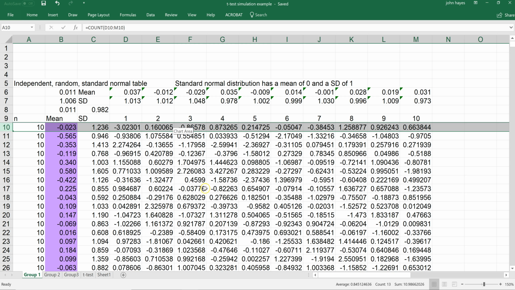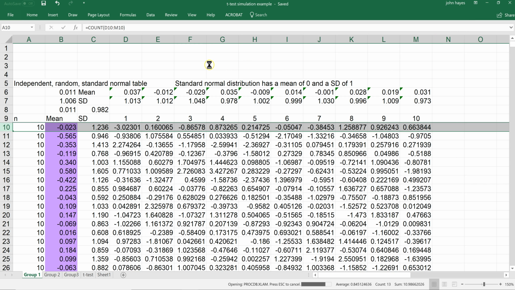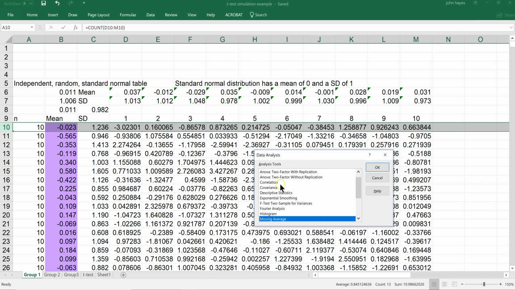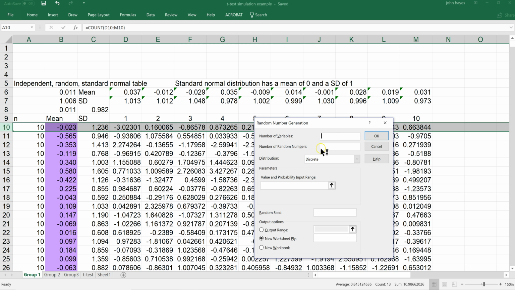For these numbers, I used Excel's random function for normally distributed data. So if we go into data analysis, we can find a random number generator, and you can put down a number of variables, which I did 10 across, the number of random variables, which I did 1,000 down, and the distribution was normal.